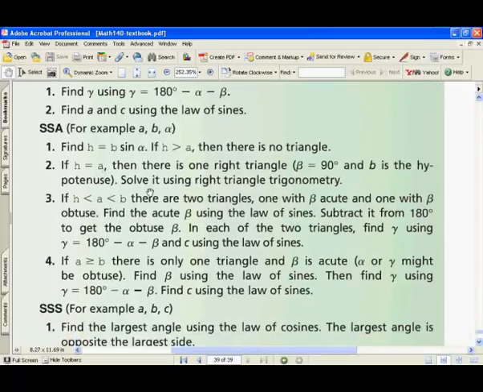And when you try to solve the problems, I suggest you come back to this page and consult this procedure. Now today we will discuss the third case and the fourth case. The third case is we have two sides and one angle, and this angle is an included angle.